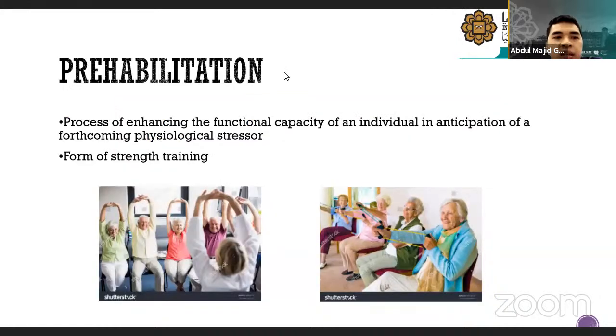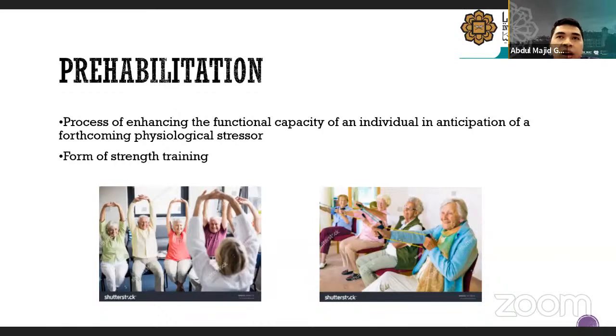So prehabilitation is a process of enhancing the functional capacity of an individual in anticipation of forthcoming physiological stresses. Actually, it's a form of muscle strengthening.